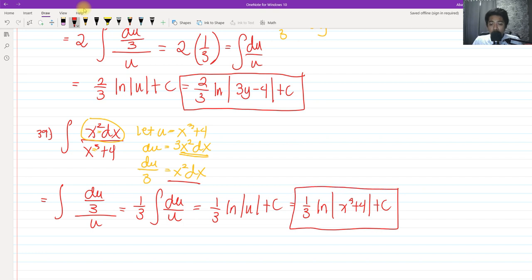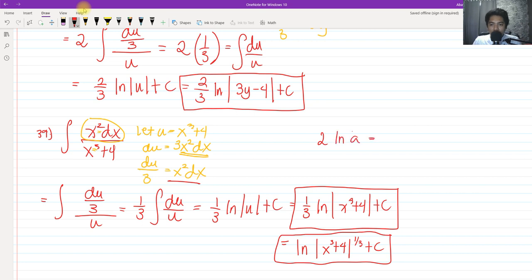Some of the books or some of the references would actually write this as our final answer. This is still correct, okay? Because there is a property of natural logarithm wherein, for example, you have 2 ln of a.